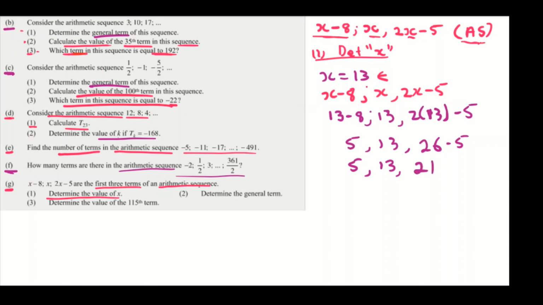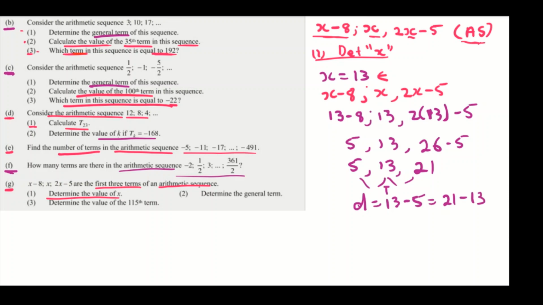So to confirm that your answer is correct, you need to find the common difference of these answers here, right? If the common difference is the same, then that means your value of x is correct. So d is equal to 13 minus 5 equals 21 minus 13.